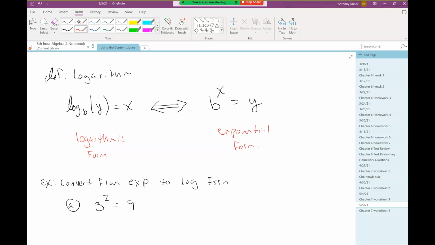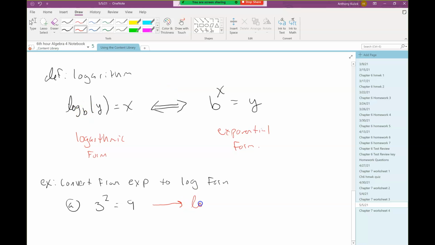One thing we might ask you to do is convert back and forth using this definition from the logarithmic form to the exponential form. So if I give you an exponential equation like 3 squared is equal to 9, and I ask you to write that in the logarithmic form, notice the base of the exponential is the base of my logarithm.